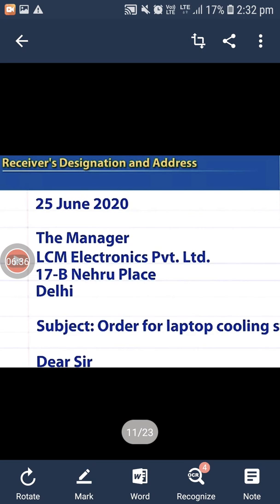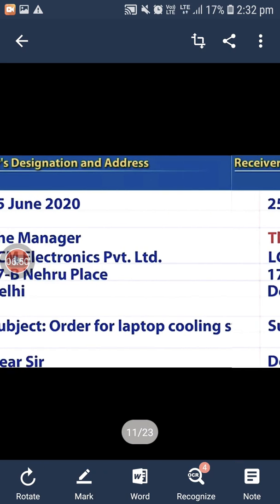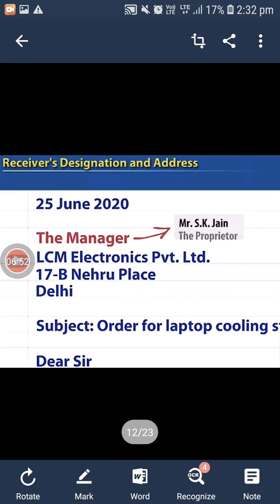Then comes the subject. The subject should be very concise, precise, short, not more than 2 to 3 words. Here I am mentioning order for laptop. I will write it like this: subject, colon, and the subject given in the question.